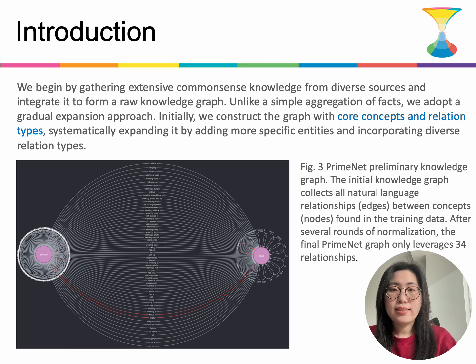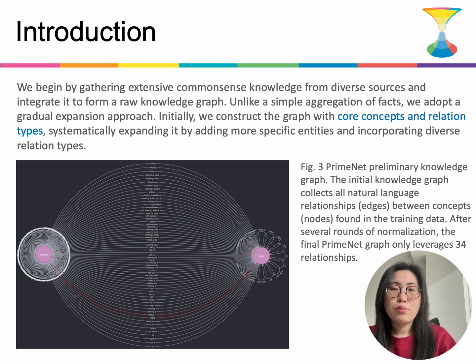To build PrimeNet, we began by gathering extensive common sense knowledge from diverse sources and integrating it to form a raw knowledge graph. Unlike a simple aggregation of facts, we adopt a gradual expansion approach. Initially, we construct the graph with core concepts and relation types, systematically expanding it by adding more specific entities and incorporating diverse relation types.